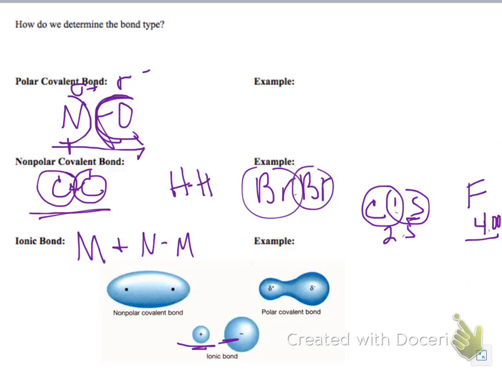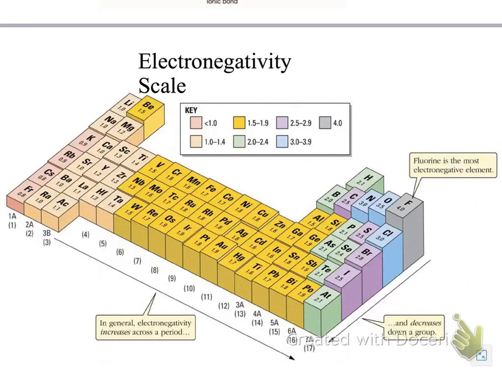Okay. So remember, electronegativity is this arbitrary scale. Fluorine is the highest. It was set as 4. Everything else is compared to it. So as you go away from fluorine, down or left, your electronegativity goes down.